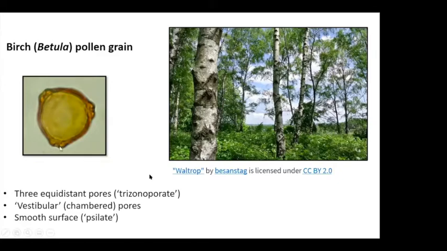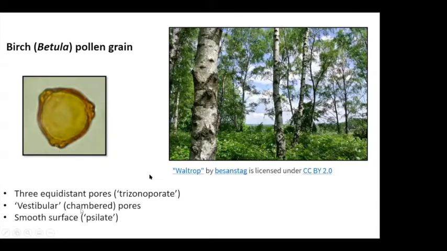And in this case, this pollen grain has got 3 what we call apertures, essentially gaps in that pollen grain wall that take on a circular appearance. We call these pores. So there's one here, there's one here, and there's one here.